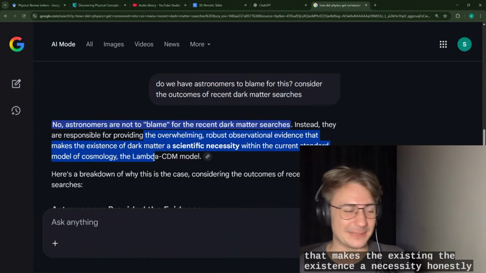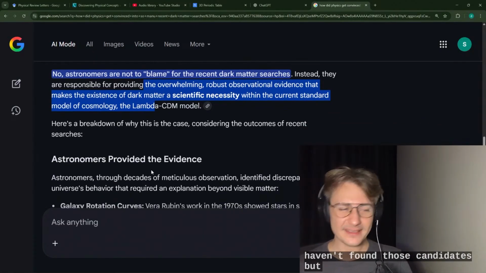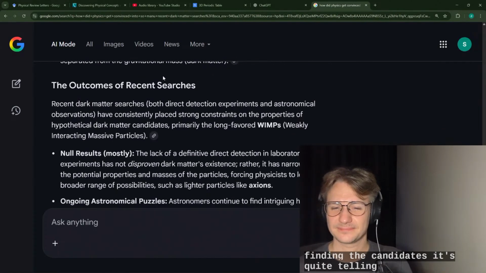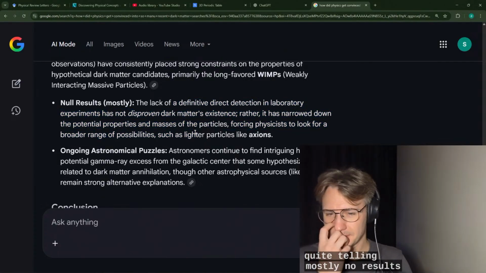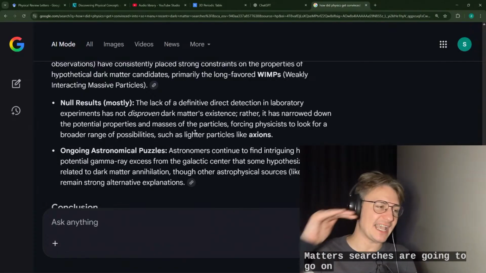Honestly, I know. I'm just being mean for no reason, and it's sad that we haven't found those candidates, but the fact that we're not finding the candidates is quite telling. Mostly null results. And that's why these dark matter searches are going to go on to a second search.